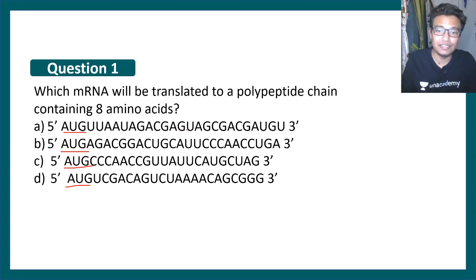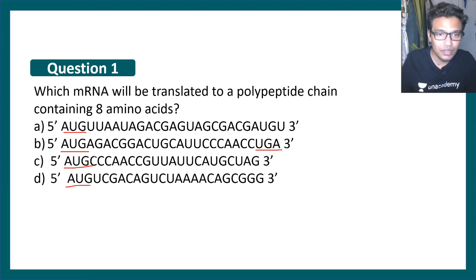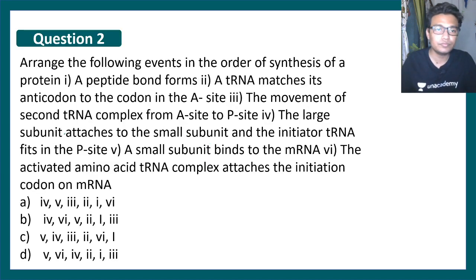Okay, if you have done that successfully, look at this part. So here you see the stop codon sequences. So right now, if you count here, 1, 2 amino acids, 3, 4, 5, 6, 7, and including AUG, it would be 8, right? So B would be the correct option.